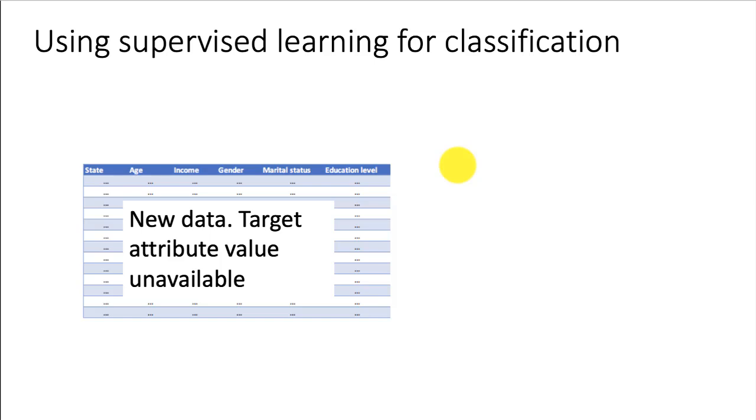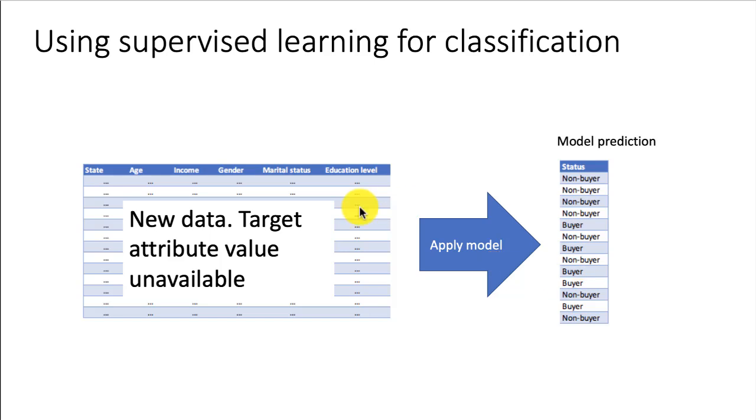They've got a new data file with a number of prospective buyers who have not bought the product. So we don't know whether they're going to buy or not, but we've got all the predictor information like the state, the age, etc. We've got all of that. So what we might do is to run this entire data set through our model. And of course, the model is then going to make a prediction for each one of them as to whether the model expects them to be buyers or non-buyers.